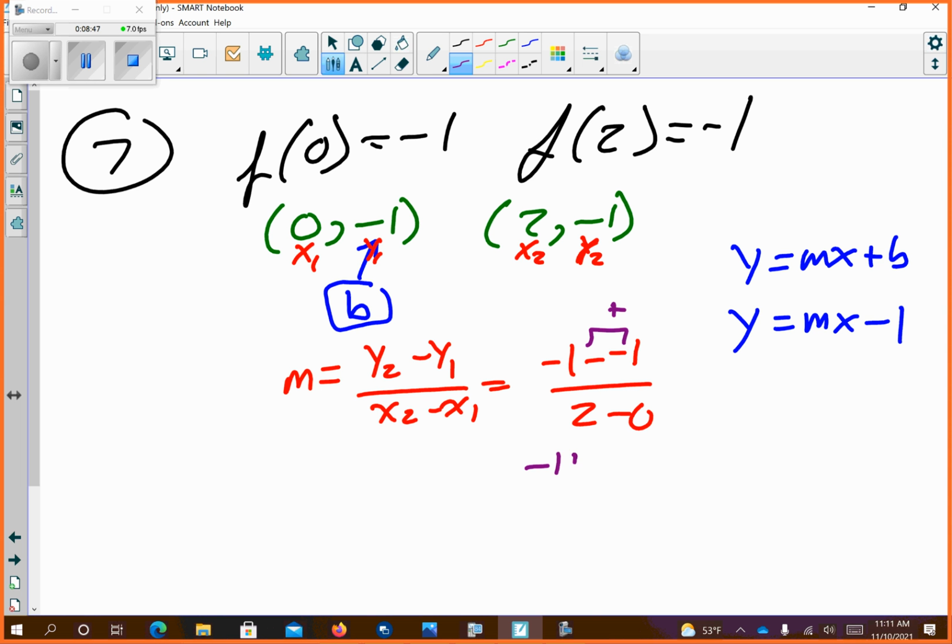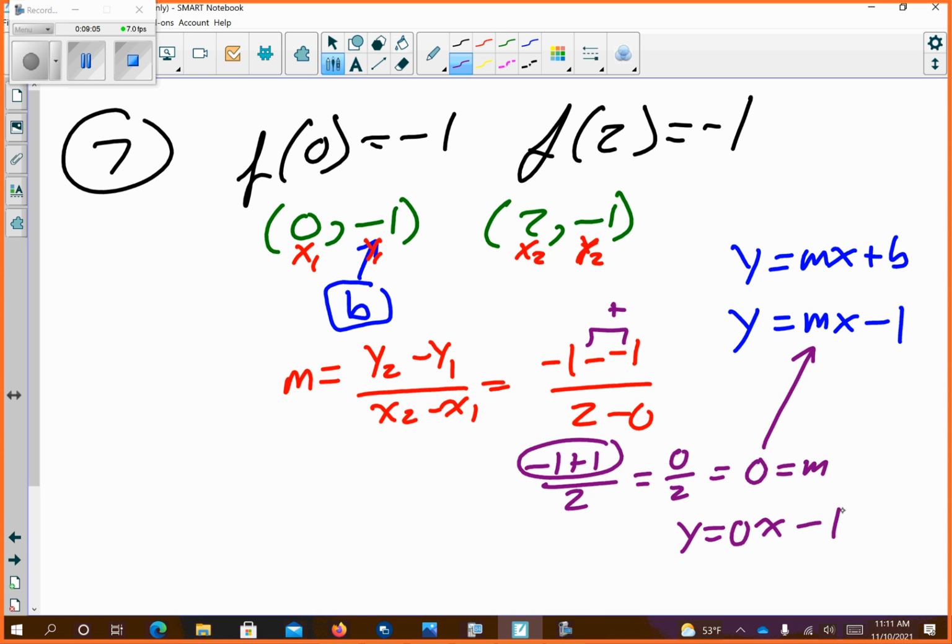So that becomes negative 1 plus 1 over 2, which gives me 0, I believe. And 0 on top means 0 for an answer. So I have a slope of 0. So if I take that and plug it in right there, I'm going to get y equals 0x minus 1. That answer's fine, but you also could put y equals negative 1 for your answer because 0 times x is just 0.